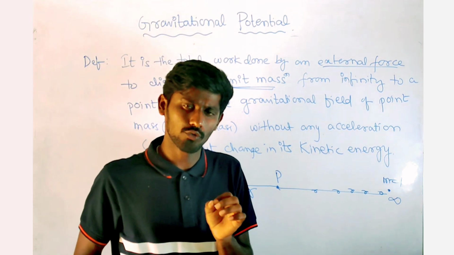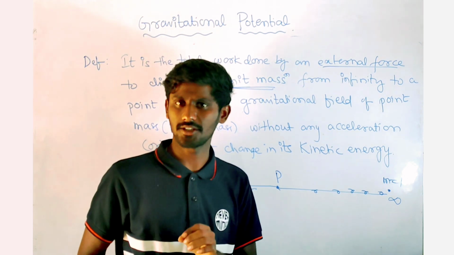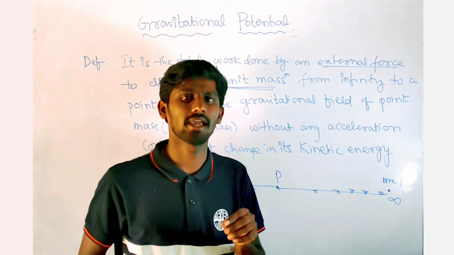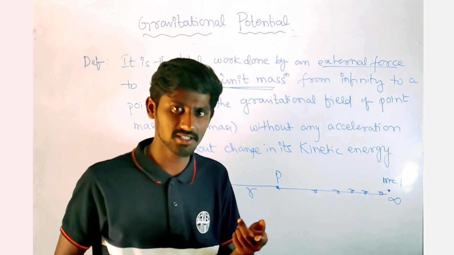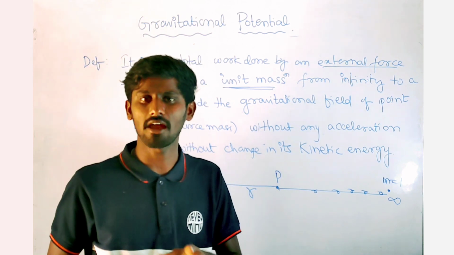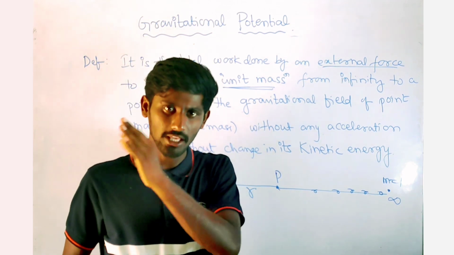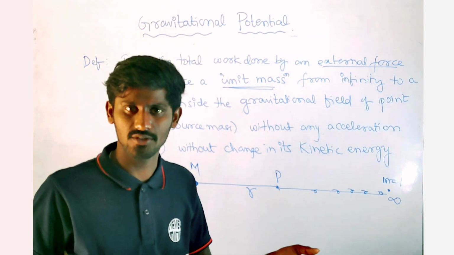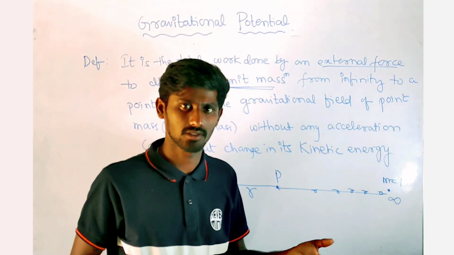In the last video, we discussed gravitational potential energy and we defined it as the total work done by an external force or an external agent to displace a particle having some mass from infinity to point P inside the gravitational field of some source mass without any acceleration. Right?